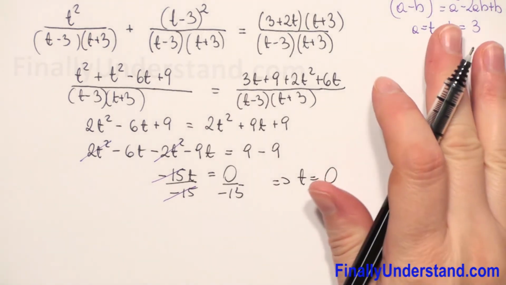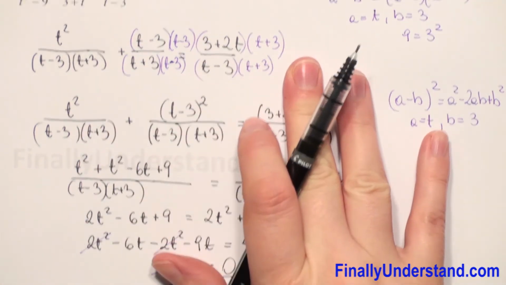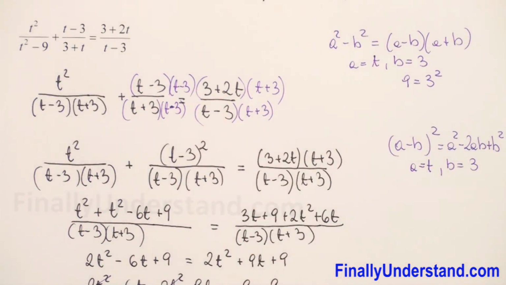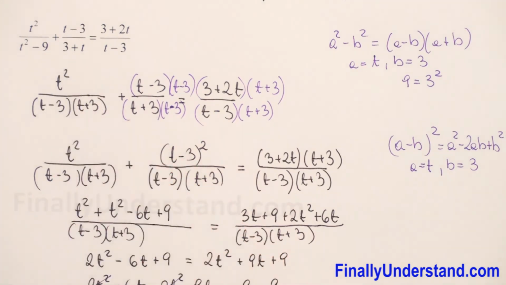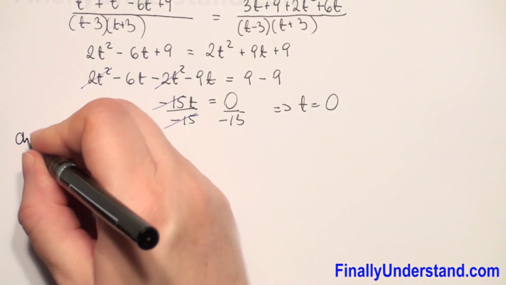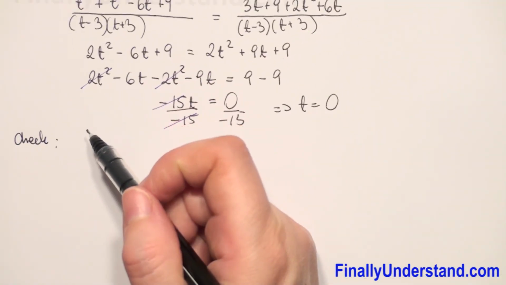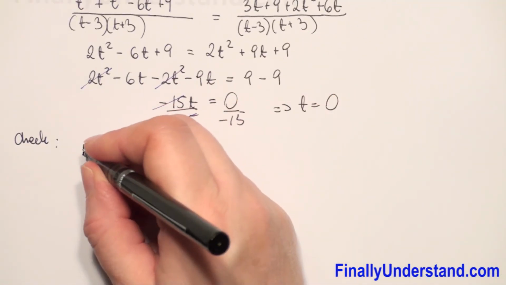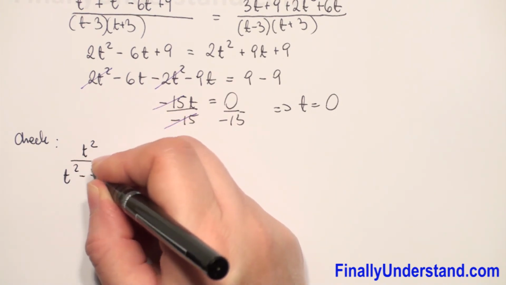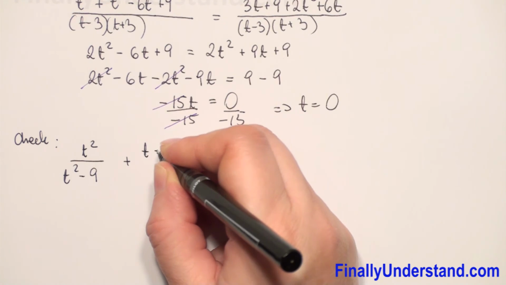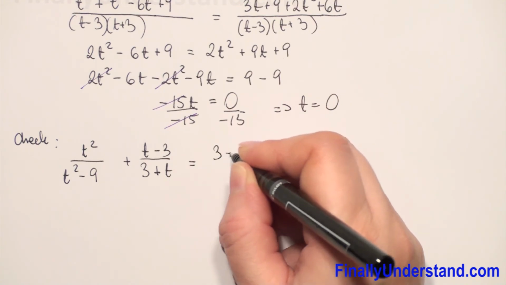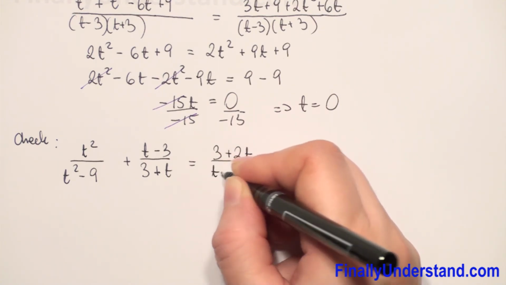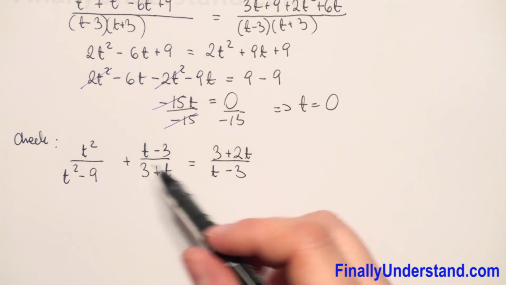Now we have to come back to our original equation and check if this solution is correct. How do we do this? We substitute every t in our equation by 0. So first, let me copy our example. We have t squared over t squared minus 9 plus t minus 3 over 3 plus t. This is equal to 3 plus 2t over t minus 3. Now I will substitute t by 0.